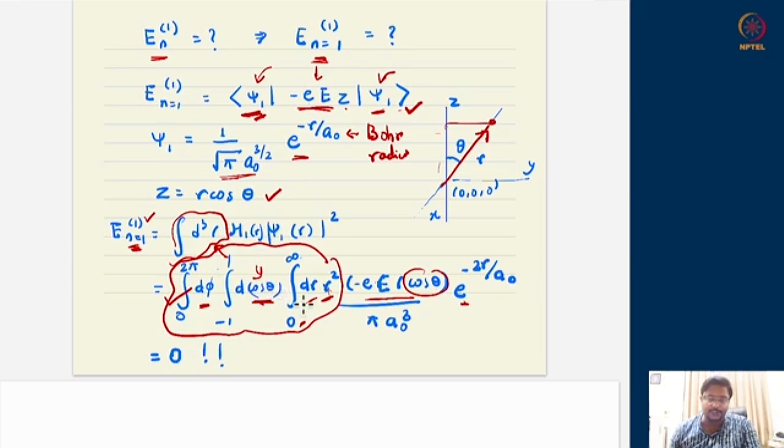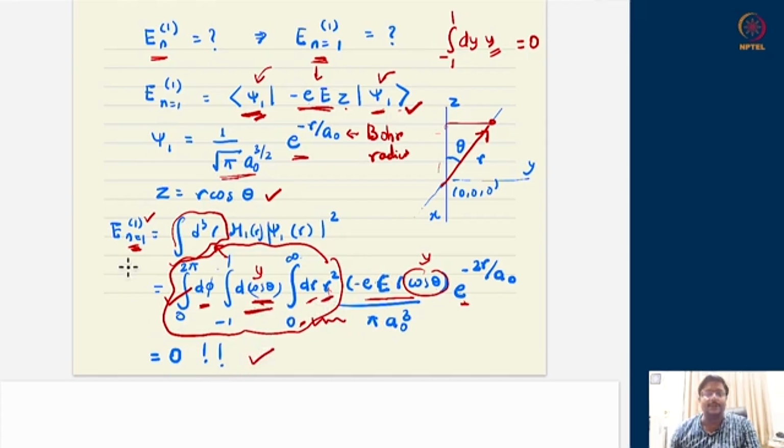The only time cos theta appears is in the Hamiltonian, so ultimately it becomes the integral from -1 to 1 of dy times y. You know the answer: the integral from -1 to 1 of dy y, an odd function under symmetric limits, is 0. So the theta integral exactly vanishes, and whatever the result of the r integral, if it is finite, finite times 0 will be 0.